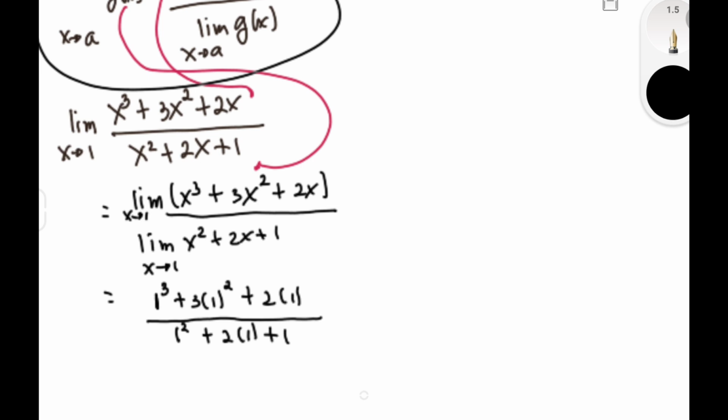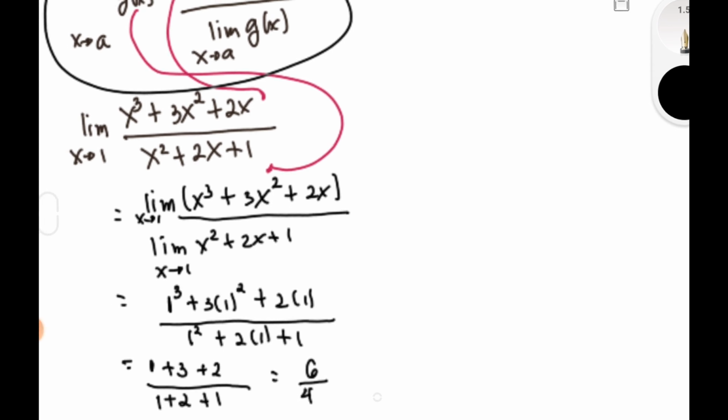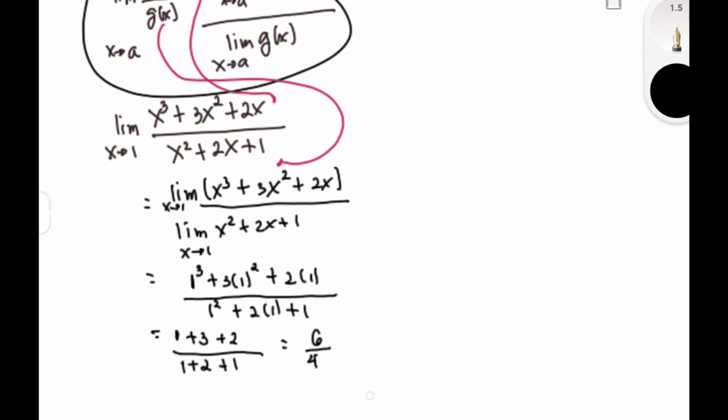So therefore we will have a value equal to 1 plus 3 plus 2 divided by 1 plus 2 plus 1. So we will have a value equal to 6 divided by 4. Okay, so that will be the answer.